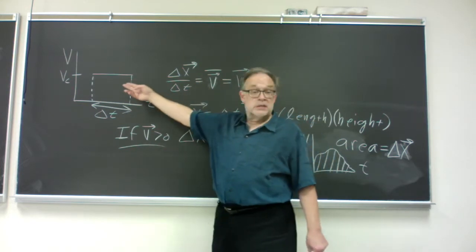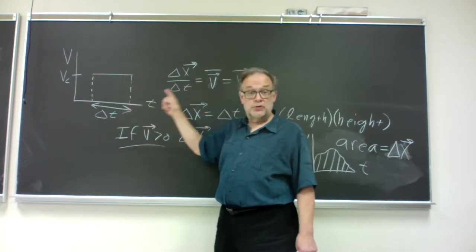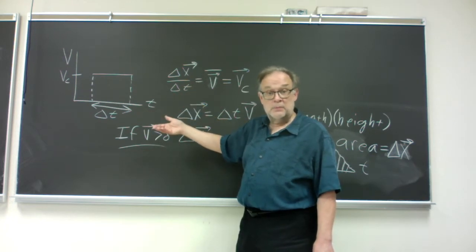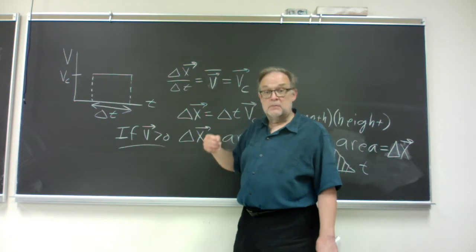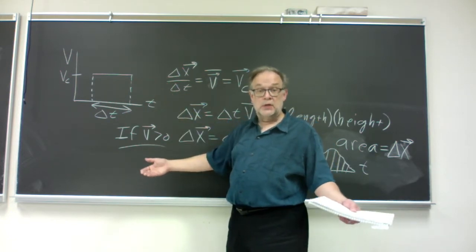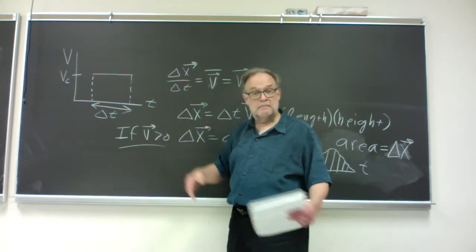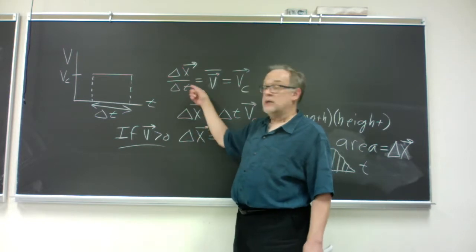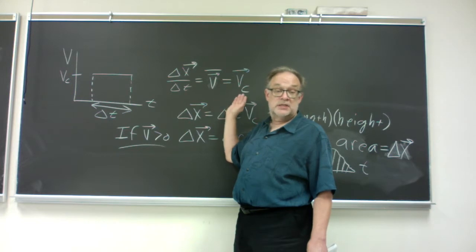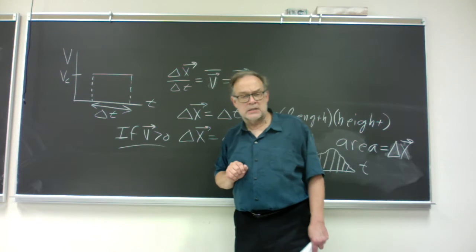But since the velocity is constant, no matter what numbers you use to calculate this, you'll always come up with the same value, vc, because constant velocity means there is only one value ever for the velocity, vc. So in this case, we can simplify a little bit and say that average velocity is really just the same thing as the numerical value of that constant velocity.